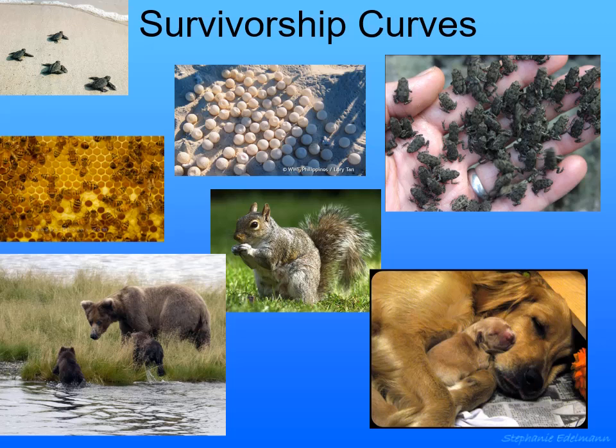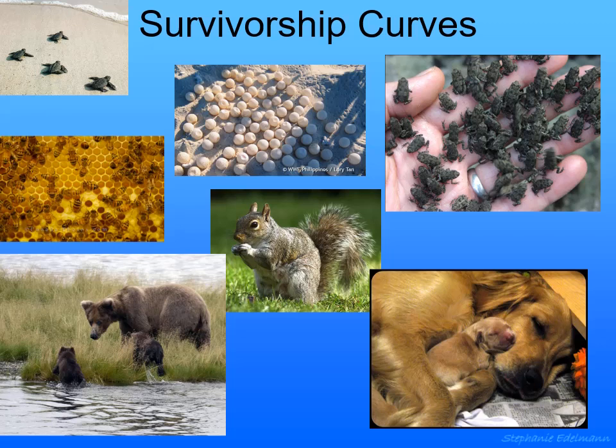Mom buries them. She doesn't really take care of them or anything. She just walks away. And the little turtles are, good luck with life. And then top left, you see where the little turtles came out of the shell and are trying to make their way to the ocean, where they're probably greeted by predators that would like to eat them right now and immediately.